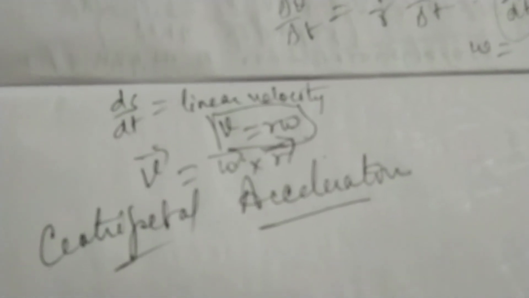We are talking about centripetal acceleration. In the next class, we are going to find the relation for the centripetal acceleration. But before we wind up, let us see what changes we can have. v equals u plus at.